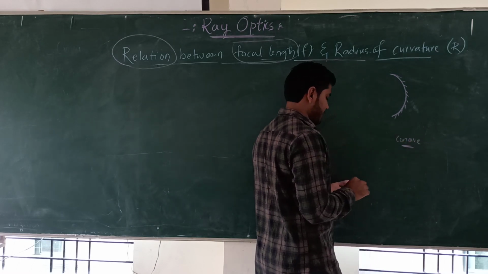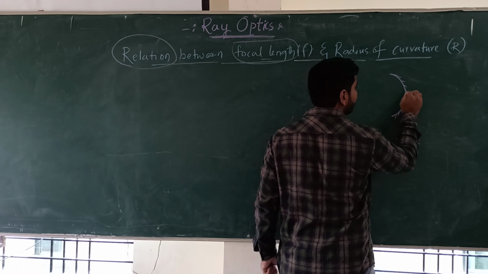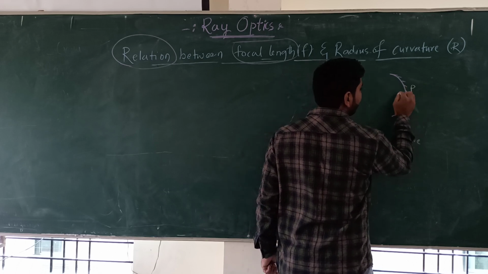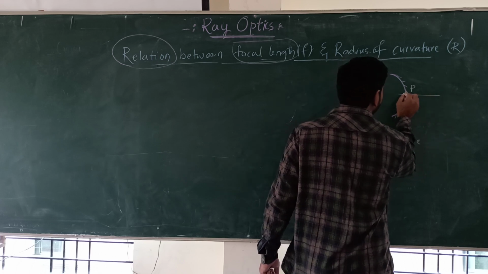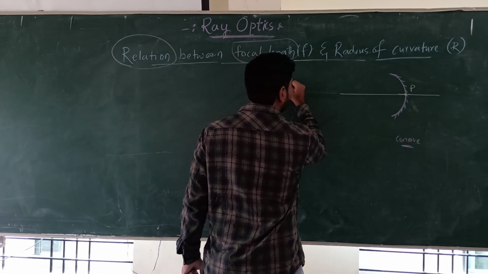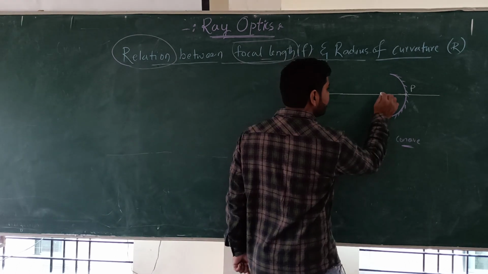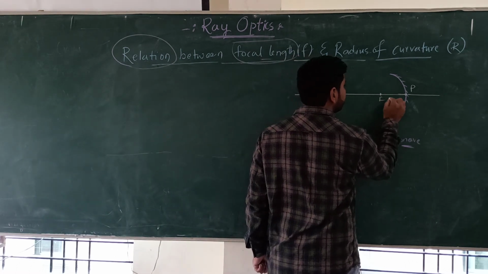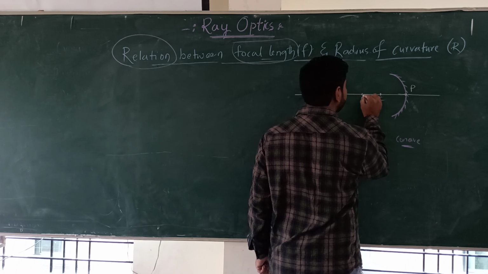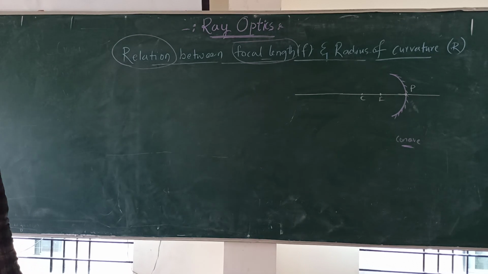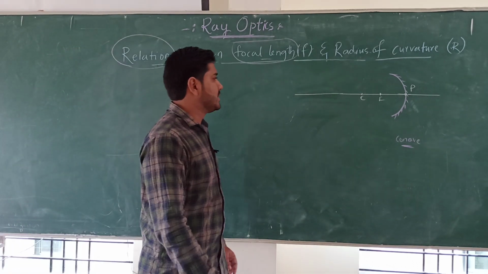I am drawing one pole. The midpoint of this mirror is called the pole. So this is the pole, this is the focus, this is the center of curvature.